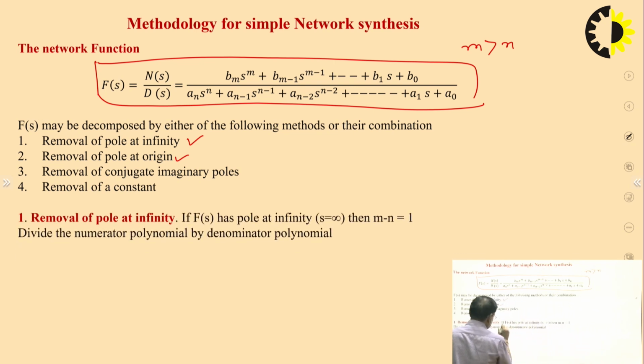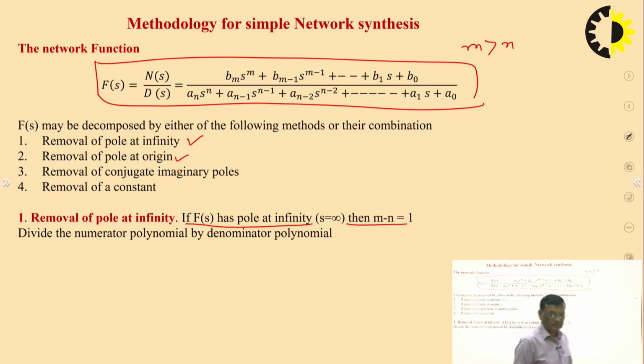If F(s) has a pole at infinity, that is, the difference m minus n is 1, it means there is one pole at infinity.